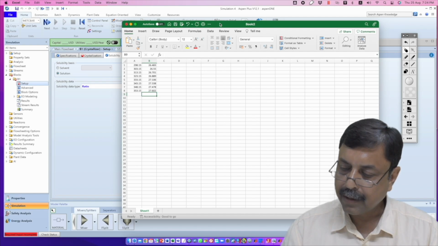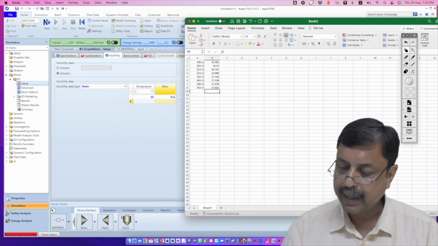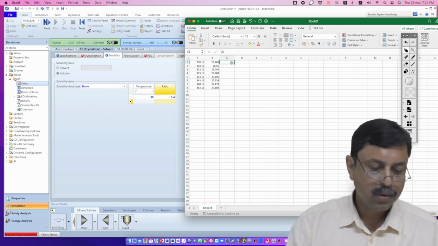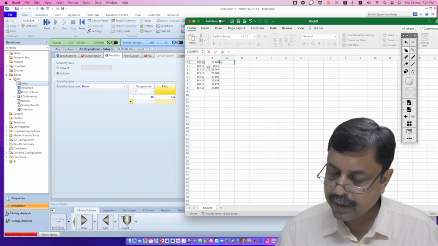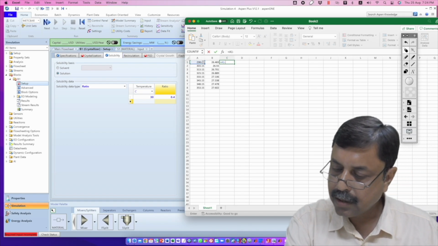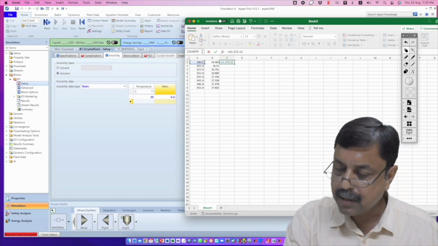the requirement. So we have to find the ratio, right? So to find the ratio, first we convert this Kelvin to centigrade. So each and every temperature we subtract 273.15 from it.